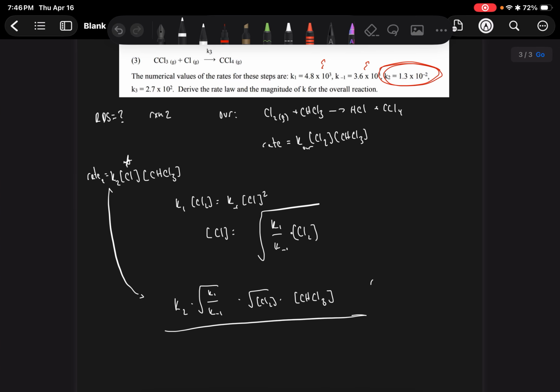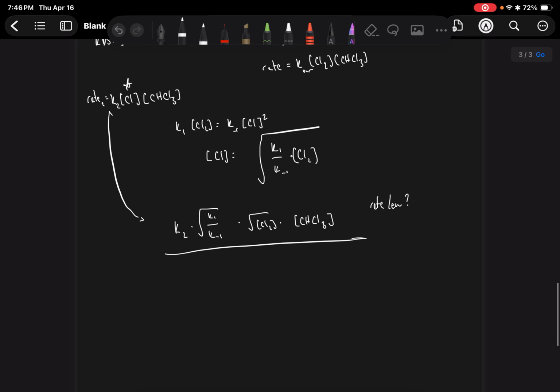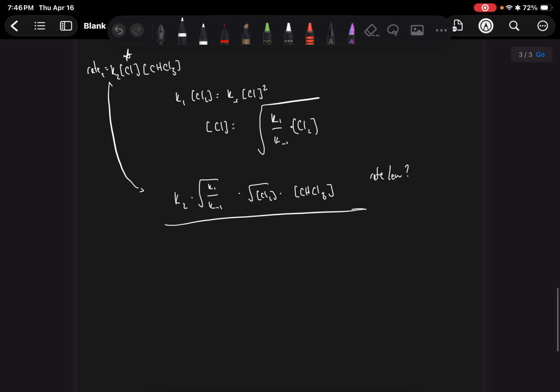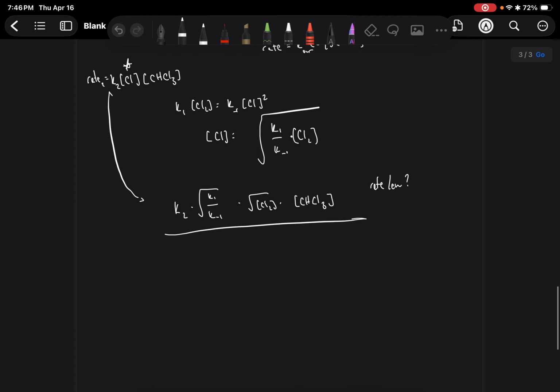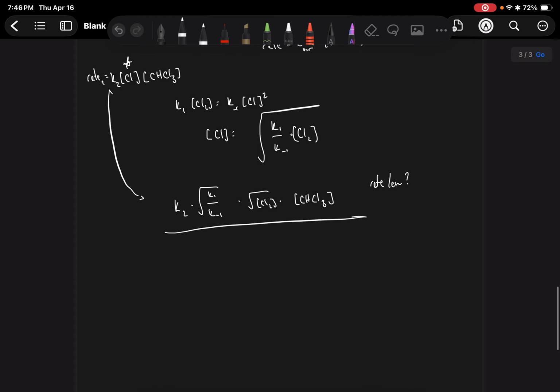Now we need to find the rate law and the magnitude of K. Okay, well, let's see here. We're not even looking at this. We got 1 over 2 and then we got 1. So we should have a 3 over 2 order.